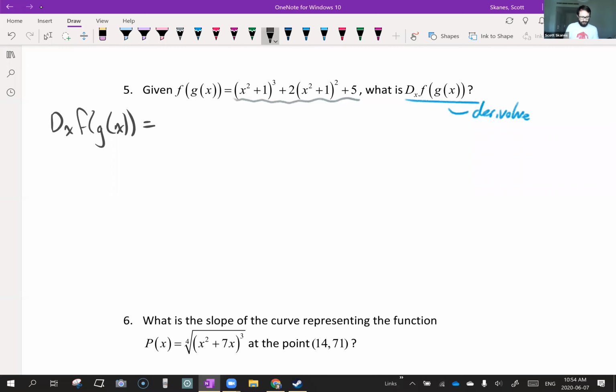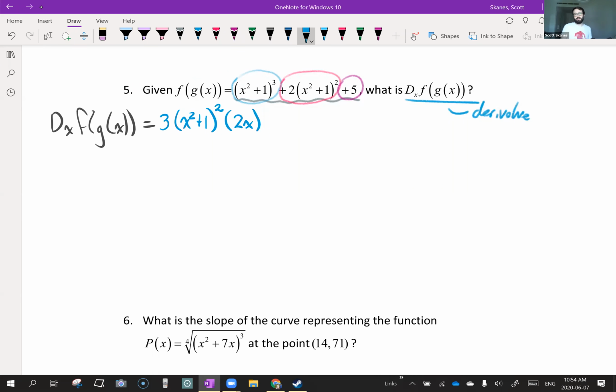Well, you take it piece by piece. So let's just say this is our first piece. This is our second piece. And this is our third piece. So I'll try to write it out matching the colors. The first one would be this. Bring the 3 down, keep the inside the same, and then do the derivative of the inside, which is 2x.